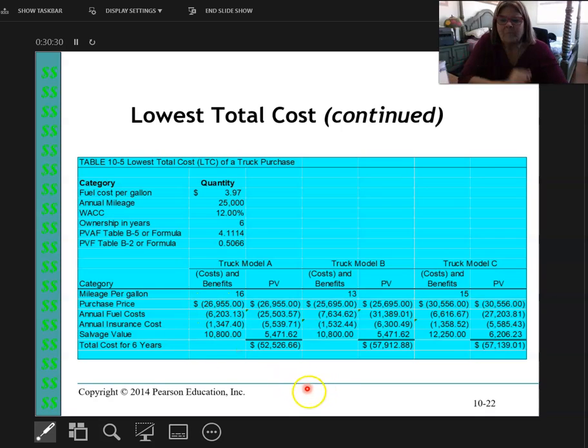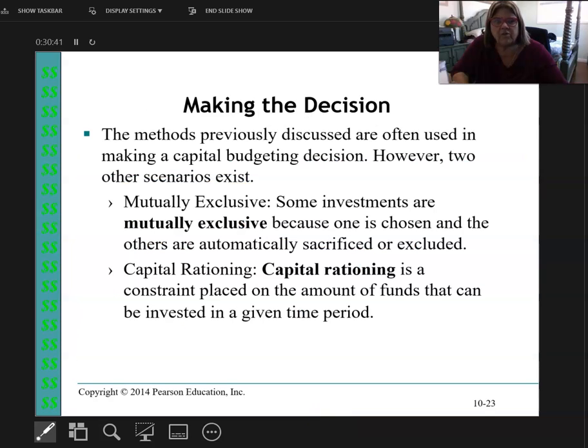Okay, so these were the 6 processes used for capital budgeting. We're not done yet. Because when you're done with all of those, and I'm going to go over my 5-minute time, I have to make a decision. I have to make a decision that's going to choose one of more than, sometimes two scenarios.